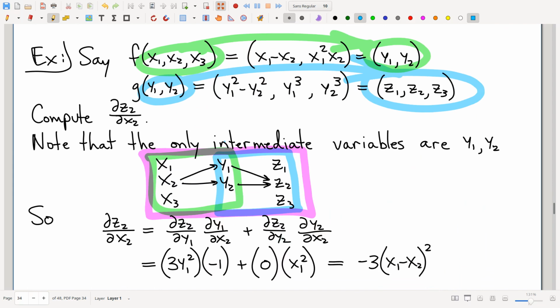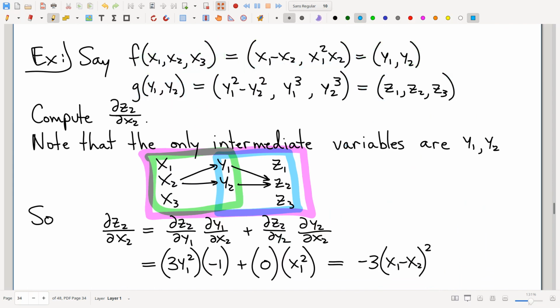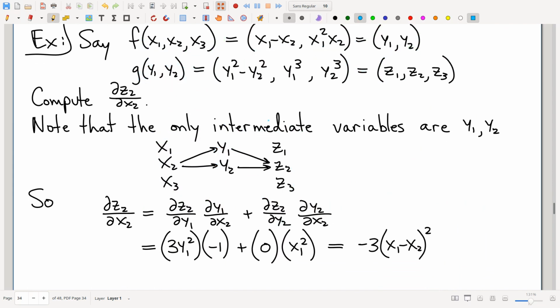And now I can just start writing down terms, and just to be as convenient as possible, I'll point out, well, we only have two intermediate variables. There's y1, so we're going to have the y1 term, which you see right there. And then there's y2. Here's the y2 term, you can see right here. And there's your chain rule. Is everybody happy?